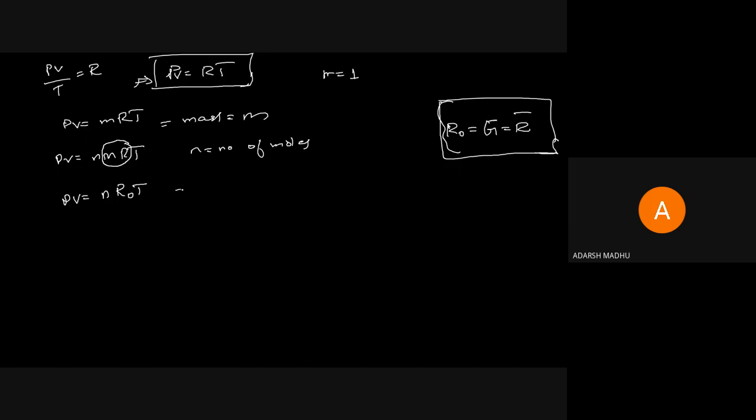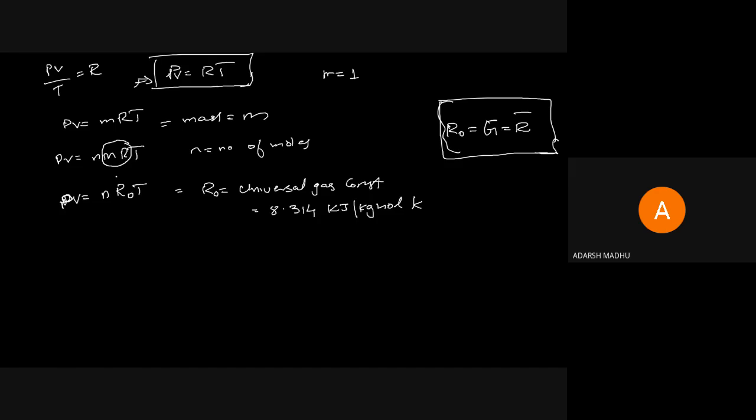Everything you can write, R naught equal to universal gas constant. The value will be 8.314 kilojoule per kilogram molar Kelvin. PV equal to N into R naught into T.